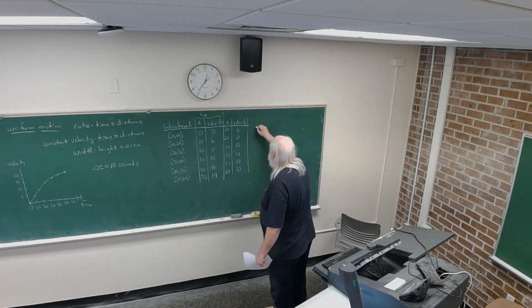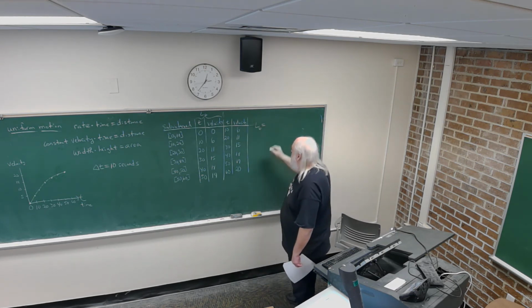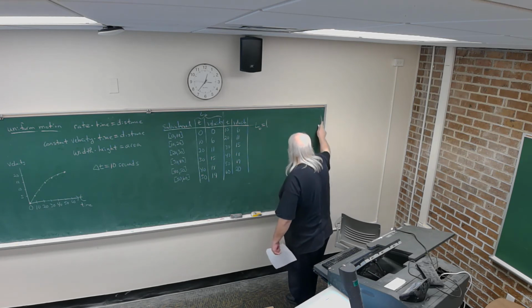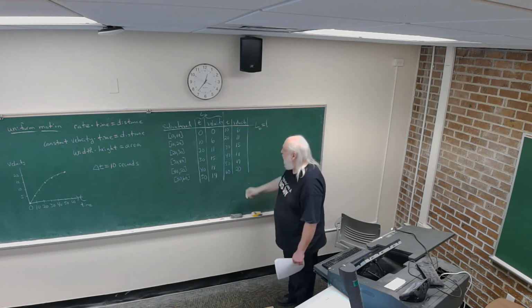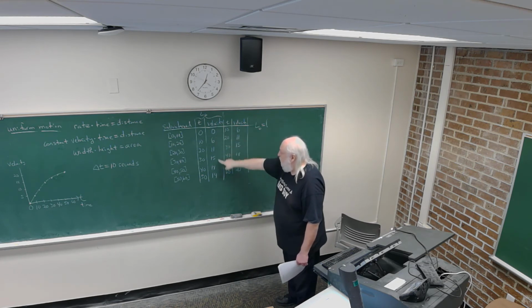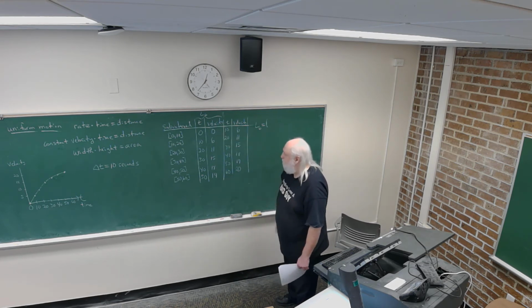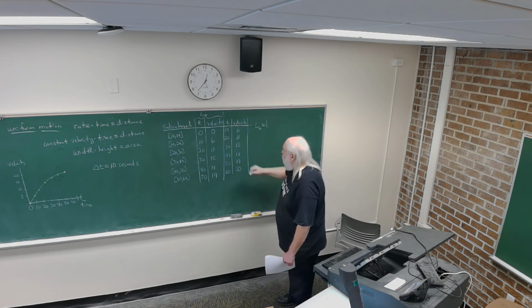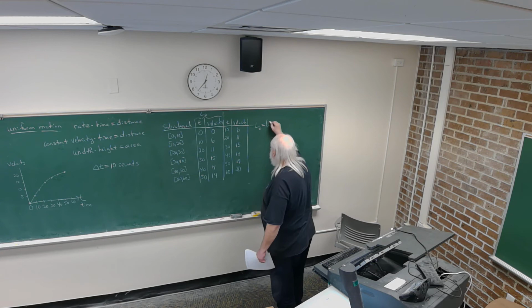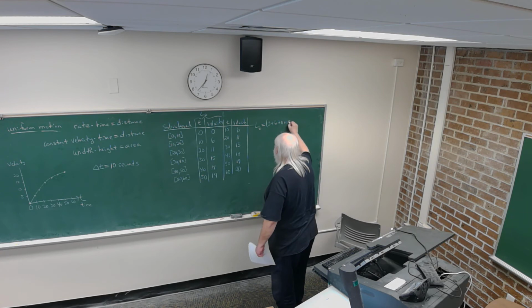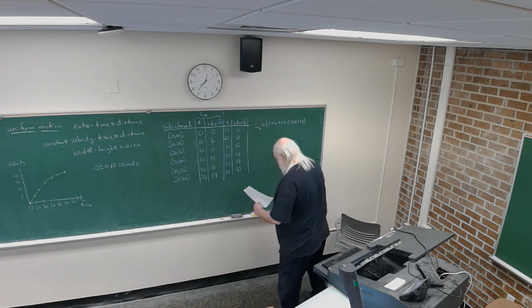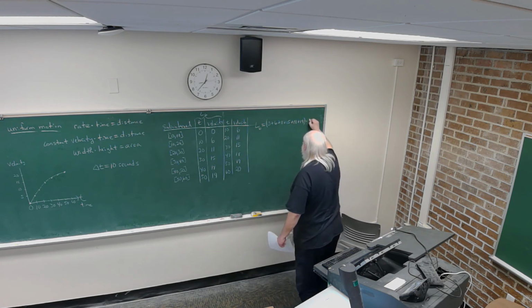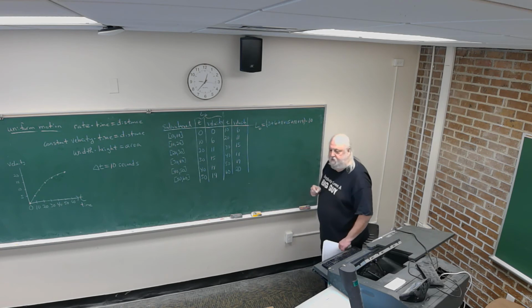So our estimate for the distance that the runner ran using the left endpoint method. Remember, each of these velocities gets multiplied by delta t, which is 10. So we can just add up the velocities, 0 plus 6 plus 11 plus 15 plus 18 plus 19, and then multiply all that by delta t, which is 10.